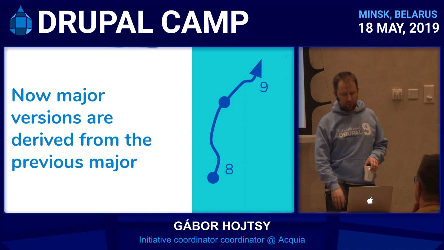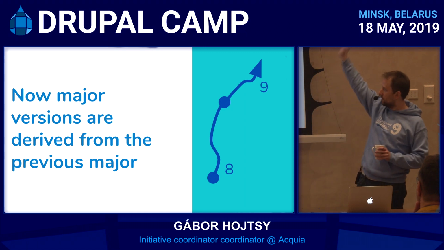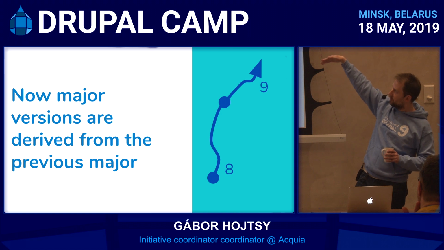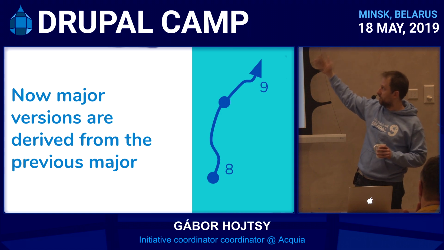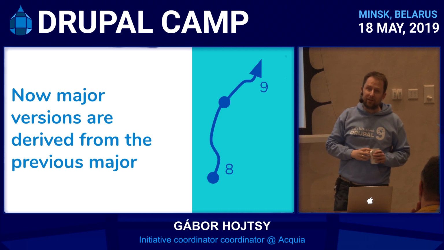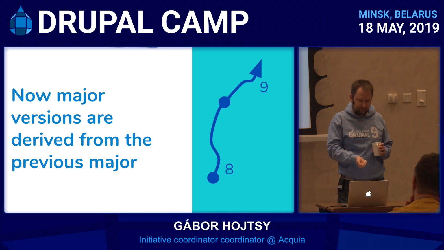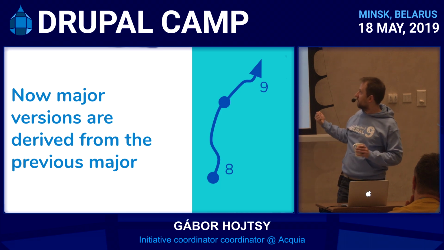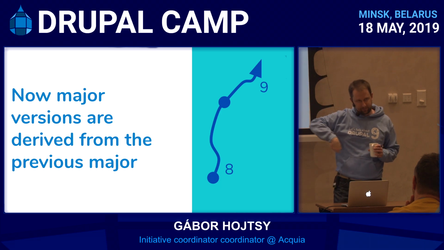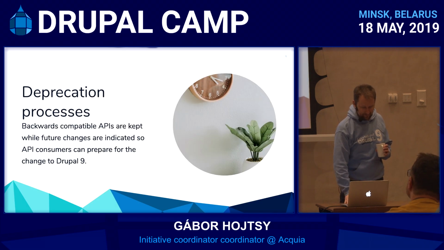So what we decided to do with 8 to 9 instead is we continue on the path of 8 to 9, we stop 8, because we can't support 8 because of the third-party dependencies, and we continue working on 9. But we need to work on 9 somewhere. So the trick is we are working on 9 in 8. We are making 9 happen in 8.